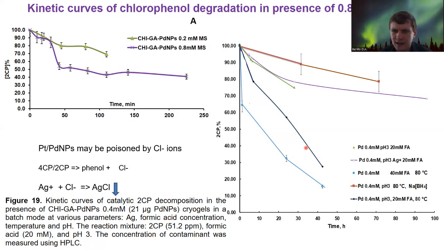However, this approach didn't help significantly to accelerate the reduction process or lead to complete reduction of the chlorophenols. And we didn't make this reaction at high temperature, as silver in a zero valence state can oxidize phenolic group.